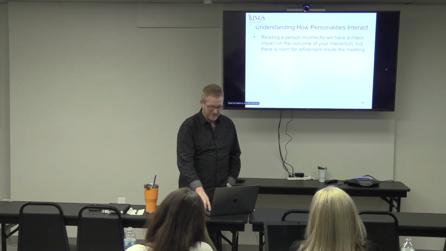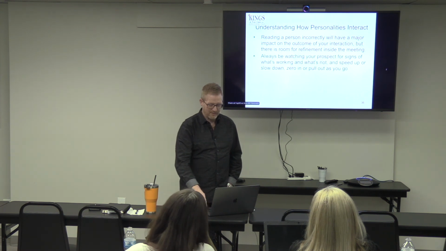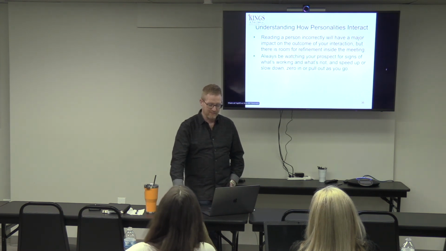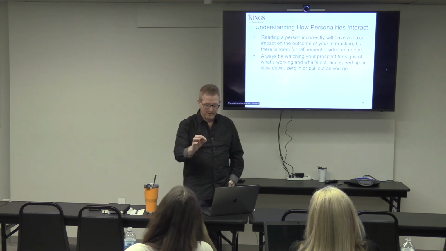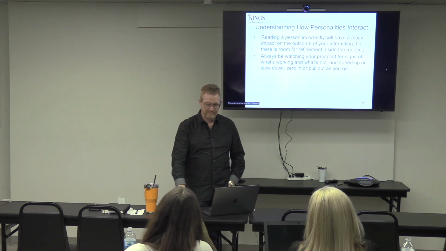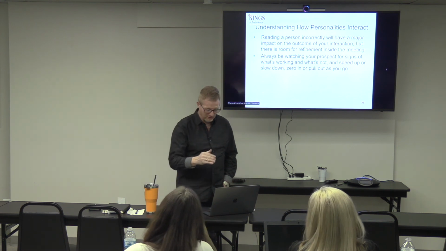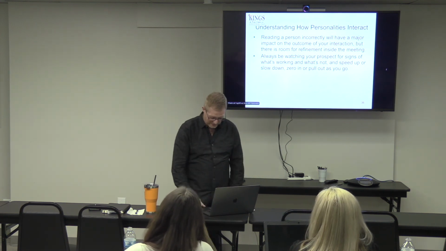Reading the person incorrectly will have a major impact on the outcome of your interaction, but there is room for refinement inside the meeting. Always be watching your prospects for signs of what's working and what's not. Speed up or slow down. Zero in or pull back. You can't be deadlocked on this and not looking at them.